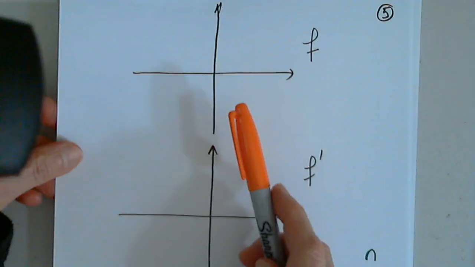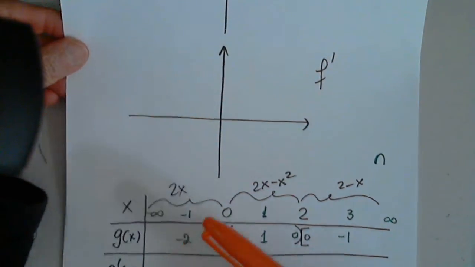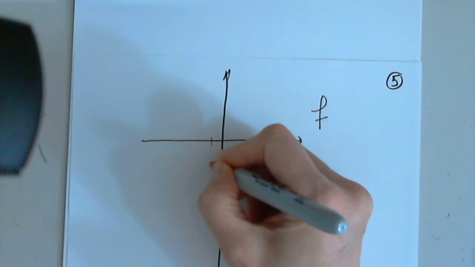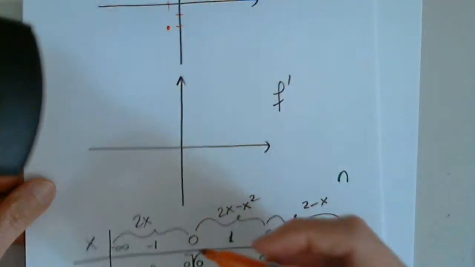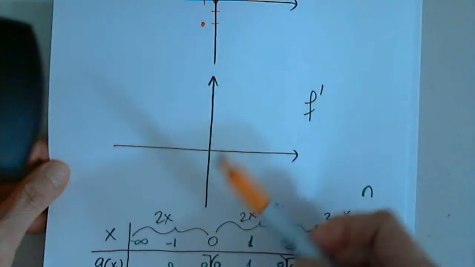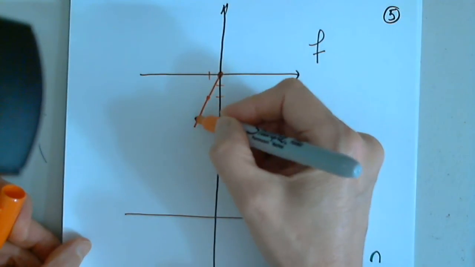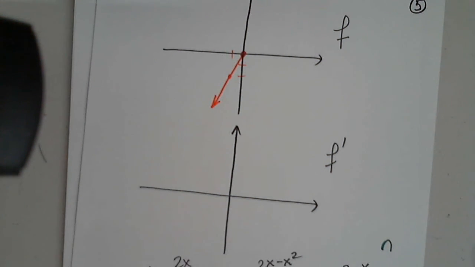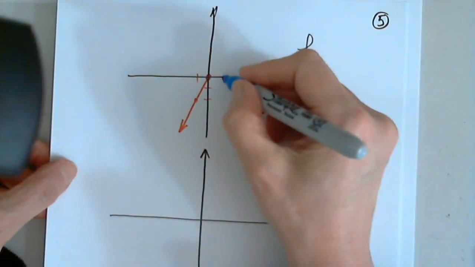So I go back to F right here. So I plot -1, -2. That's first. -1, -2 is this point. Then I plot 0, 0. And this side will be in orange, and it's a straight line. Okay. The next piece in blue. So 1, 1.